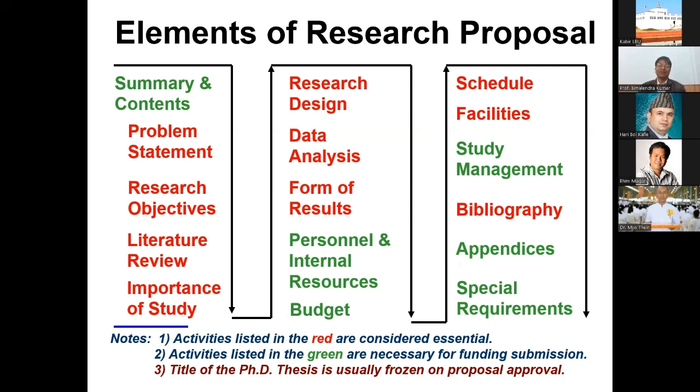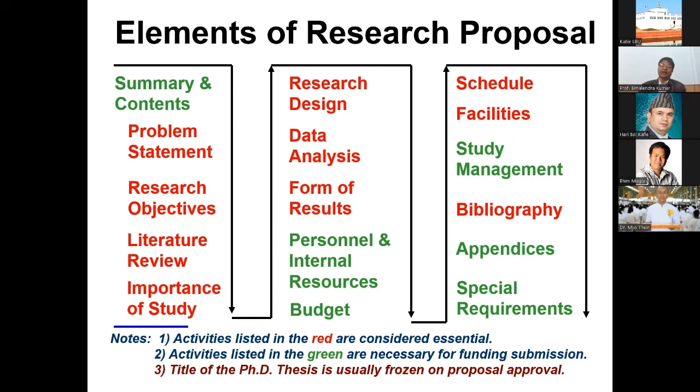Then, what are the facilities available in the university, institution or department for writing this research topic for the Ph.D.? Then what is the management, like the supervisor and the supporting staff of the department? What type of management do you have? Then the bibliography.